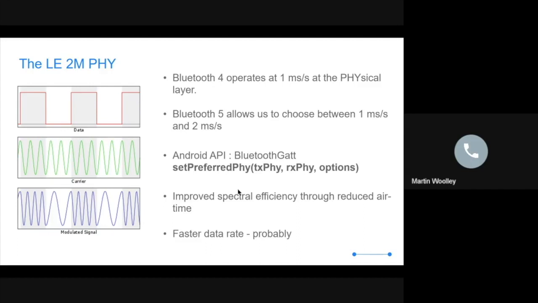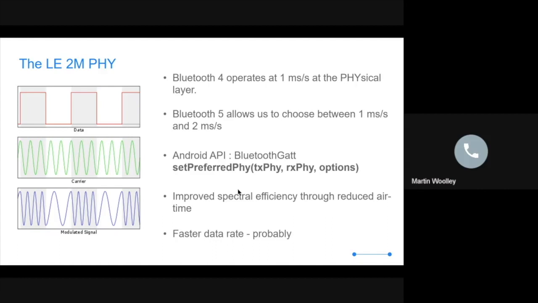And those 3 schemes, we call them PHYs, P-H-Y, that's the kind of abbreviation, if you like, for physical layer operation modes. The original 1000 megasymbol per second PHY we now call LE1M, but there's a newer one from Bluetooth 5 called LE2M, which has double the symbol rate, it's 2000 megasymbols per second.